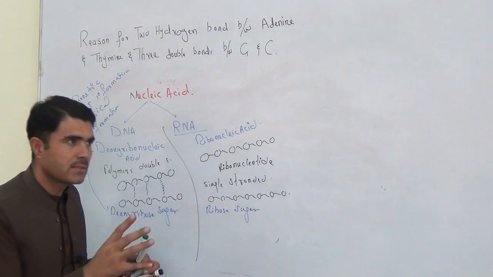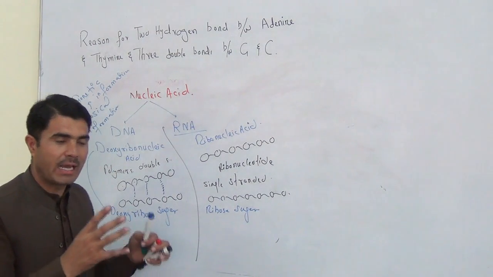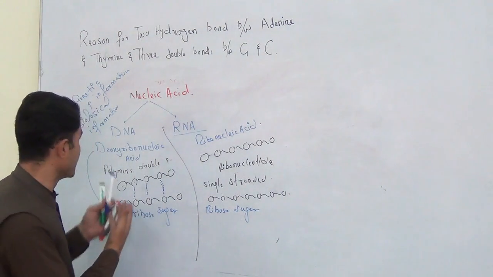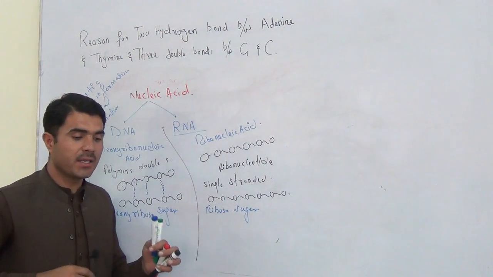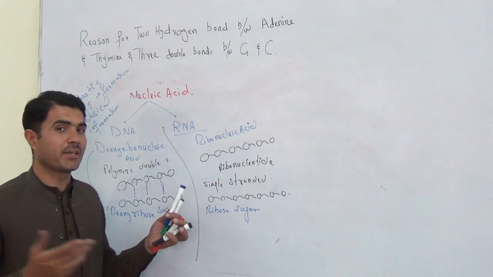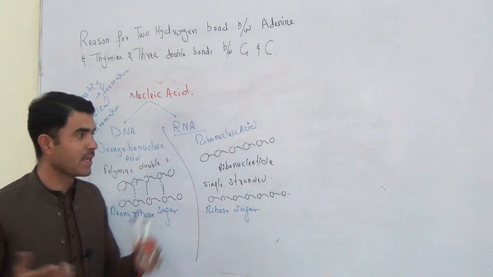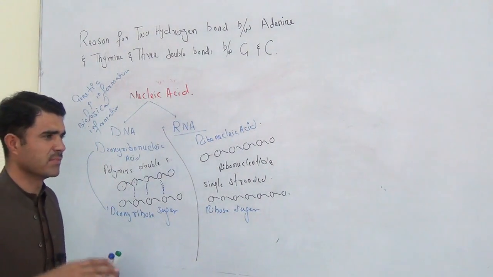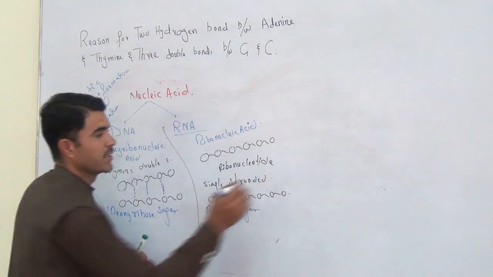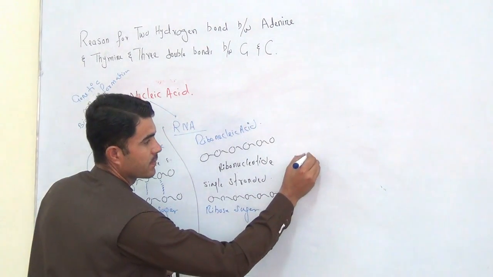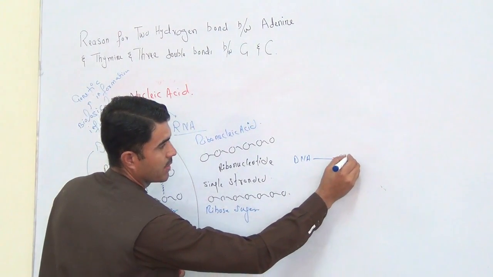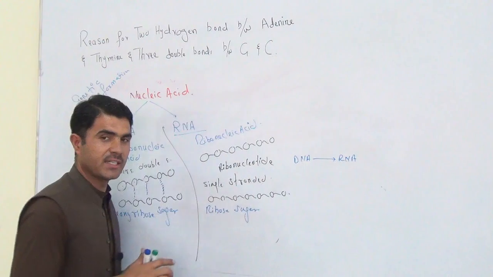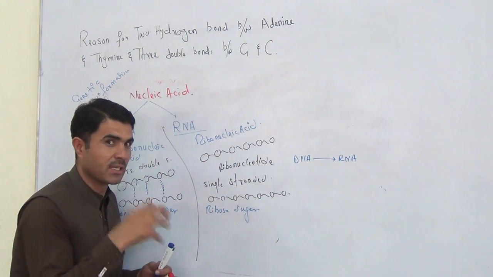RNA just gets messages from the DNA. RNA works under the DNA. The DNA gives commands, RNA does the work, right? Especially in protein synthesis, the DNA gives a message in the form of RNA, because we say DNA contains messages, DNA contains information.